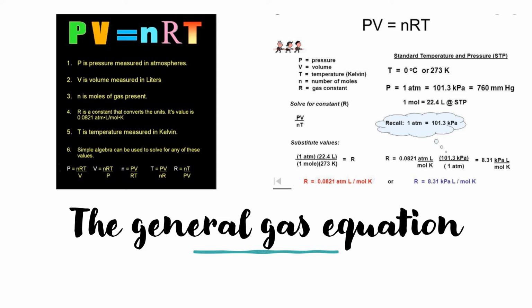So we can use this formula for calculation in different units. You need to remember 1 atm is 101.3 kilopascal.